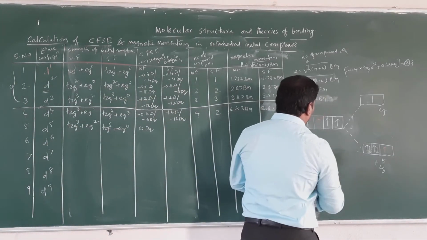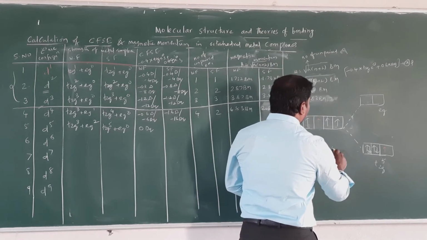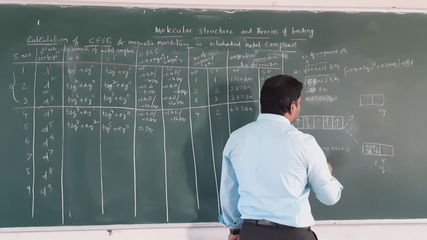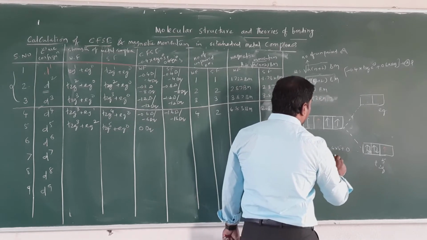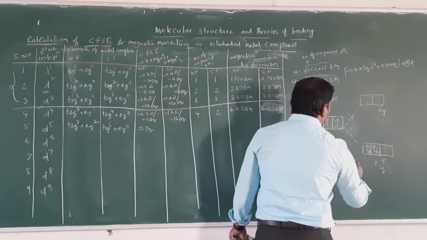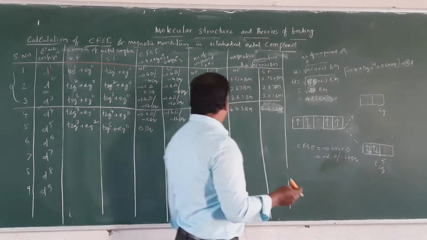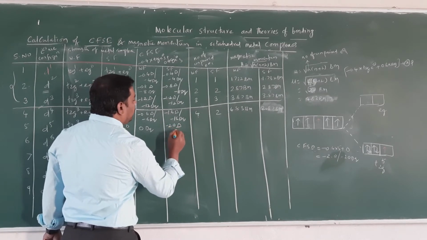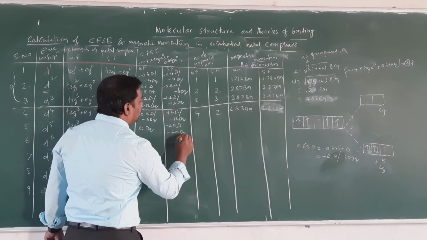So that is equal to minus 0.4 into 5 plus 0. So therefore it is equal to minus 2.0 delta or minus 20 Dq. So here the CFSE value is minus 2.0 delta naught or minus 20 Dq.